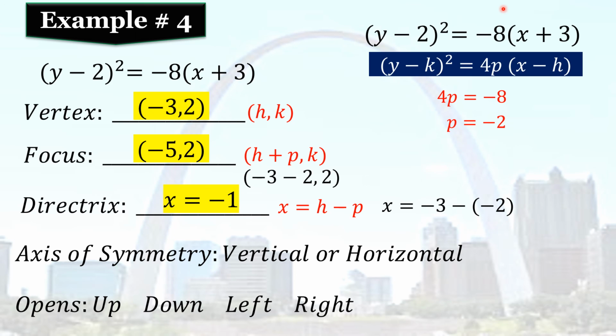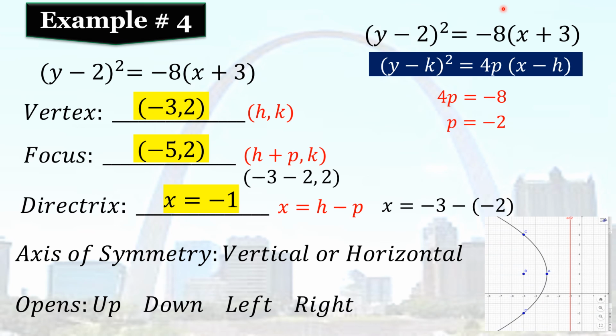So the directrix is at x equals negative 1. Looking at the graph of this equation, we can tell that the axis of symmetry is a horizontal line, and because p is negative in here, therefore it opens to the left.